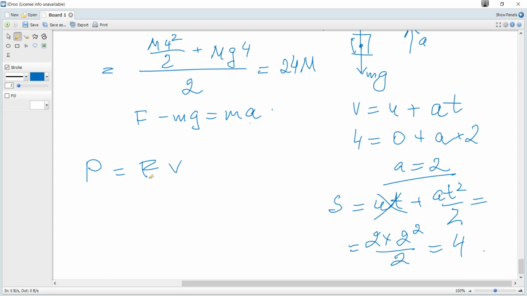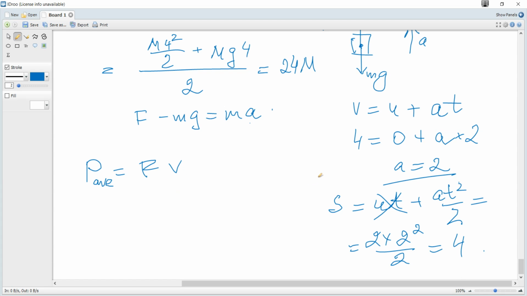But you can use this formula if you need power at any moment of time: force at any moment of time, because it can change, and the velocity at the same moment of time. If we consider average, we can use the same formula, but force must be average, and V also must be average.